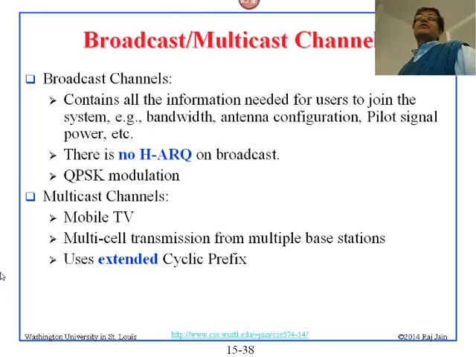What is HARQ? Hybrid ARQ. So this is where you keep the old information and combine it with the new information, right? As opposed to pure ARQ, where you throw away the old information and just use the new information. So here we don't have any retransmissions, no ARQ, no HARQ, no acknowledgement. If you didn't get it this time, just wait for the next time.